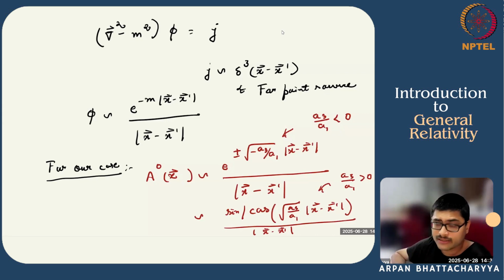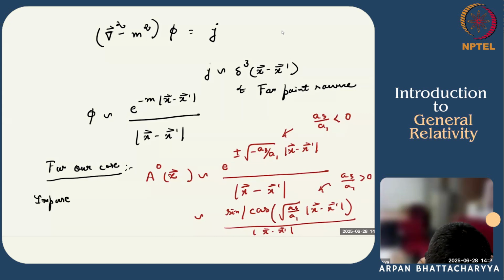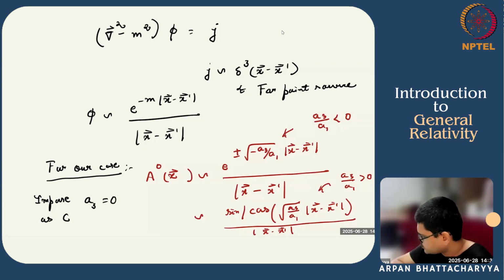we can set the term A3 to 0. If you set A3 to 0, then you will see that this mass term will basically vanish. It will be all over as 1 over r, 1 over mod of x minus x prime, right? So we impose A3 to 0 as Coulomb's law holds.